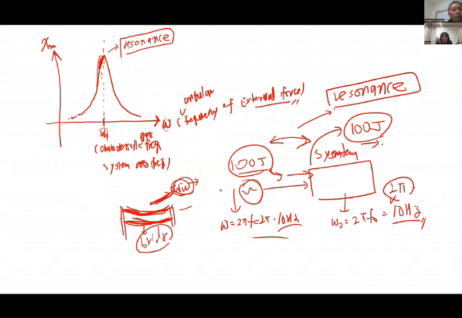The sharpness of this resonance peak also depends on the system parameters. If damping is big, then this resonance peak is less sharp.